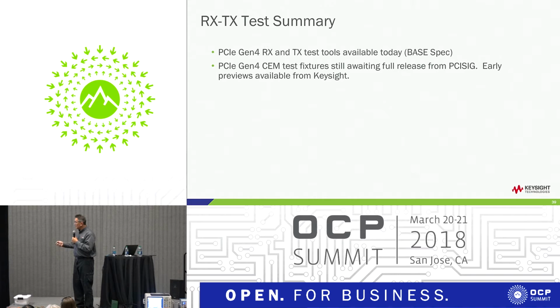Now the overall test requirements for receiver test include 2 types of testing. I mentioned there are different specifications that the PCI SIG has written around PCI Express. One is called the base spec, which is really a silicon spec. So if you're developing IP or if you're developing chips, then you test according to the base spec for the receiver test.